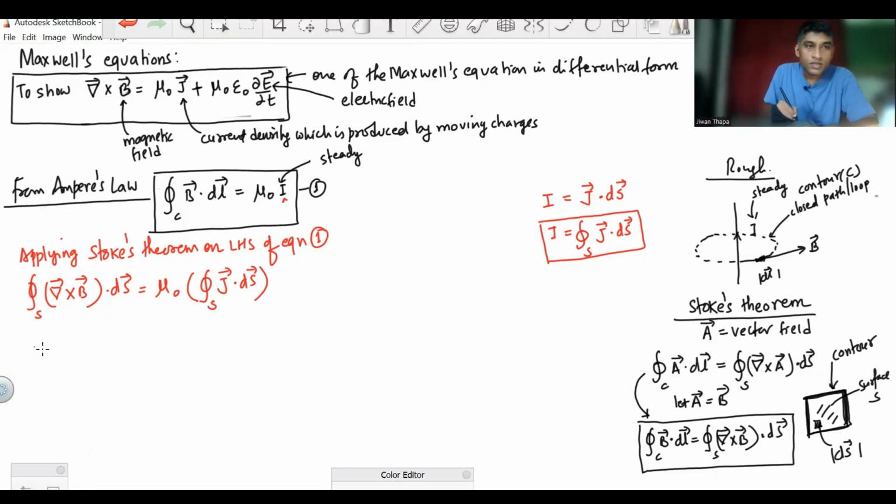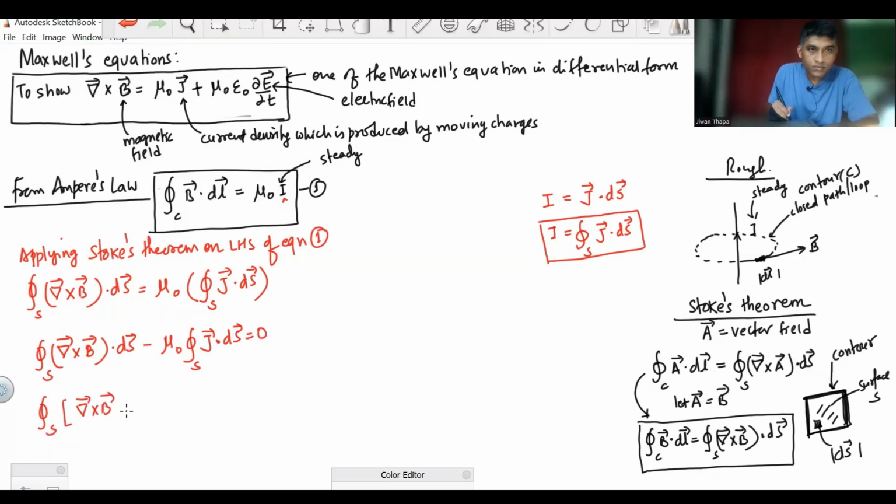Okay, so we have this. Now, let us take this term towards left hand side. So we get this on simplification.